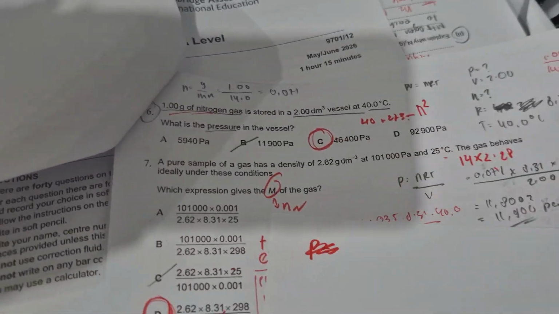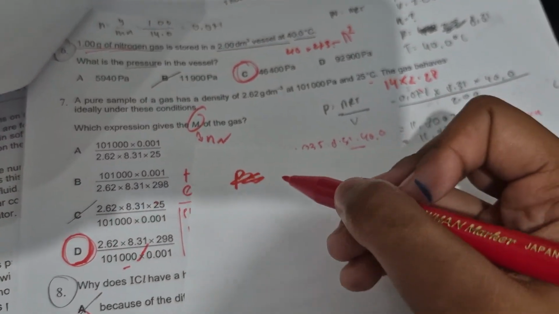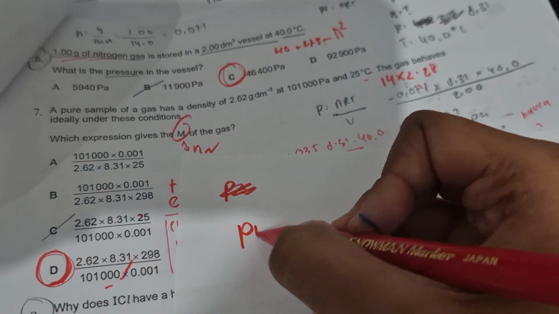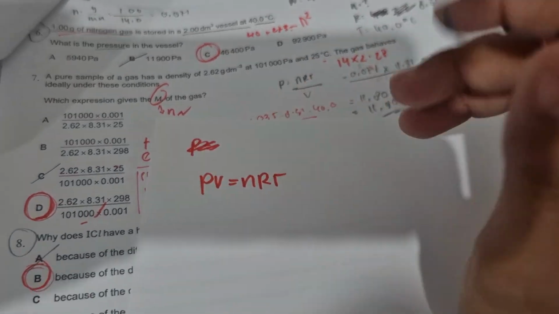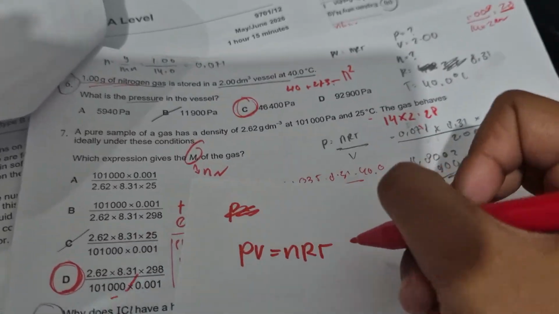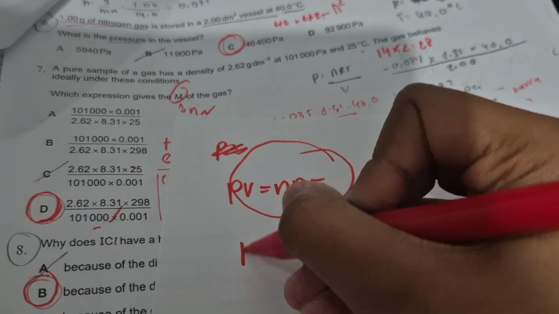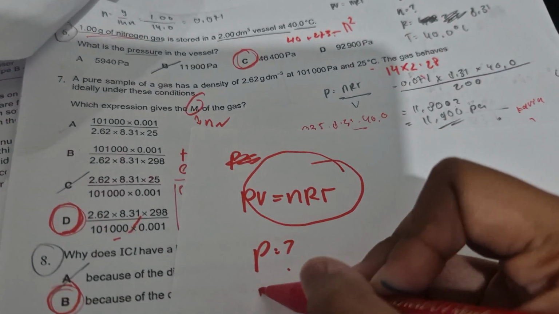So what is the pressure in the vessel? So we're gonna write the formula. It's PV equals nRT. Okay, so we need to find these identities. So we don't know the P, but we know the V is 2.